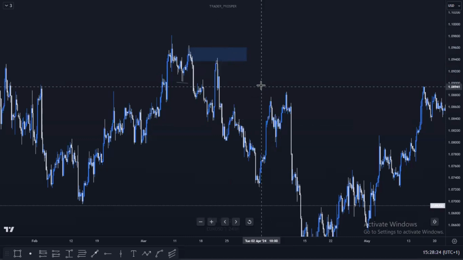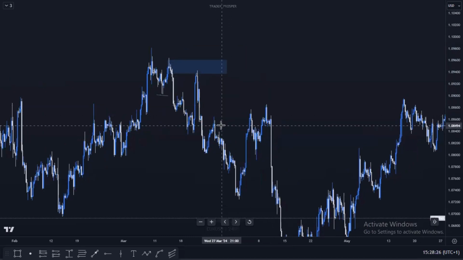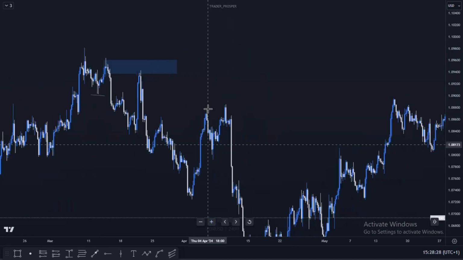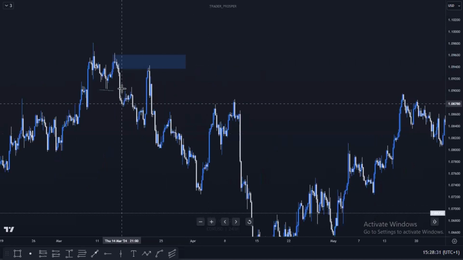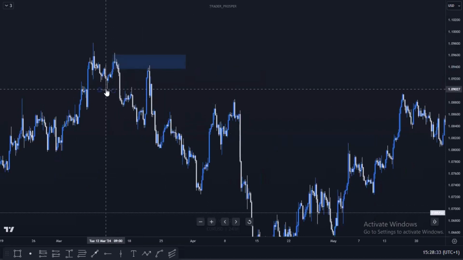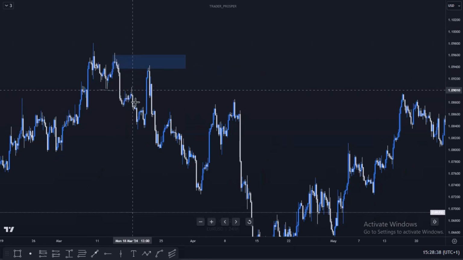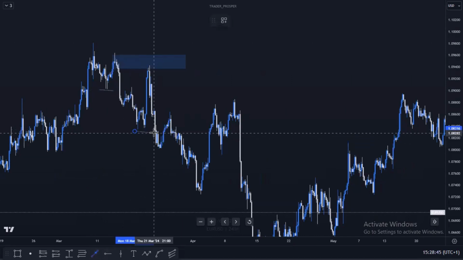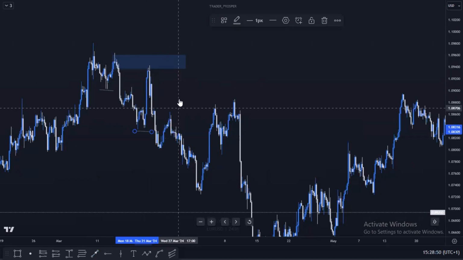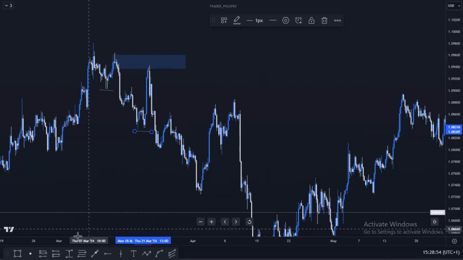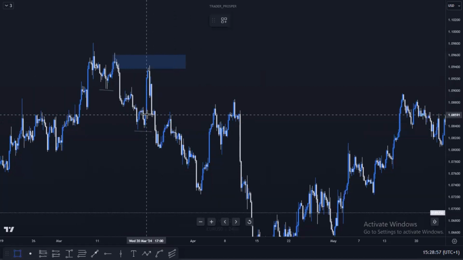There was one here again. After the previous low was taken out, the market created a lower low, a lower high, and then took out another lower low here. The impulsive move took out this lower low. How do we identify this? There is one supply zone resting here.